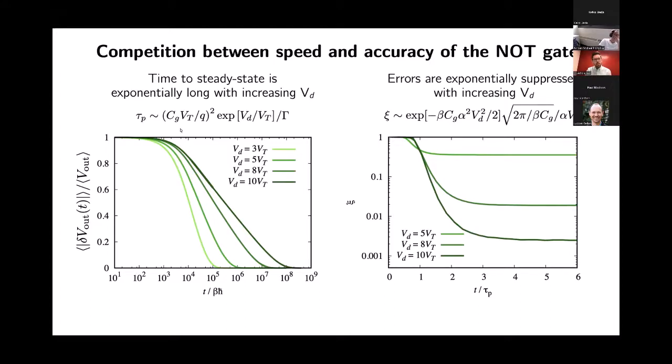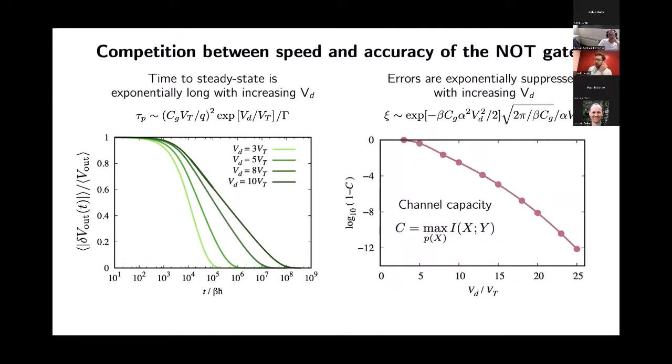And one can work out a scaling relationship for the time to charge, the mean first passage time to charge as a function of that driving voltage, and it scales exponentially. We can associate time-dependent error rates if we were to make a measurement on that NOT gate at different times while it's charging. What sorts of errors would we expect? And these get suppressed exponentially as we drive the system with larger energy scales.